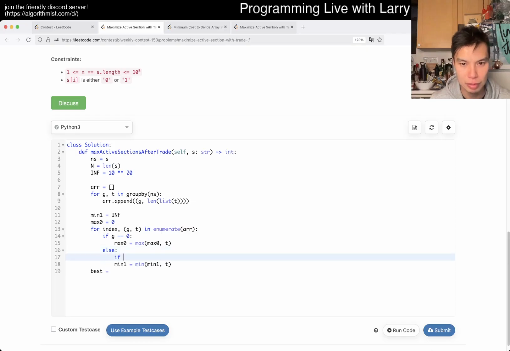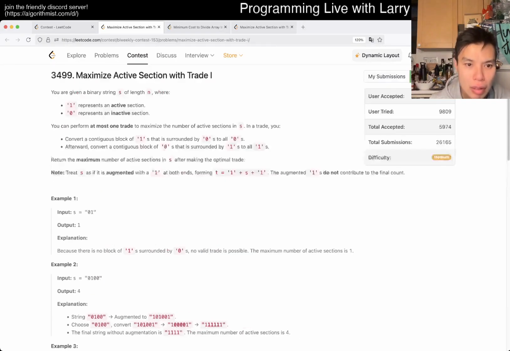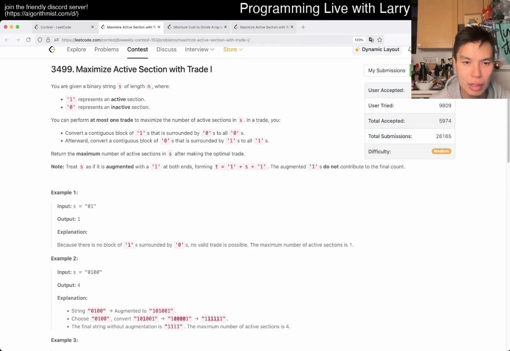Because if index is greater than 0 and index is less than... okay, then now if min 1 is not equal to infinity. Okay, so you have to find a 1 first.